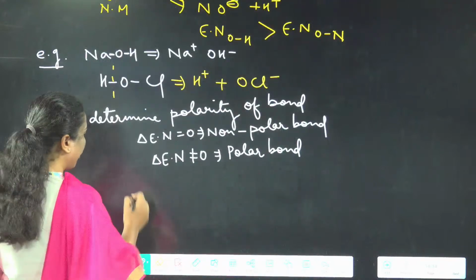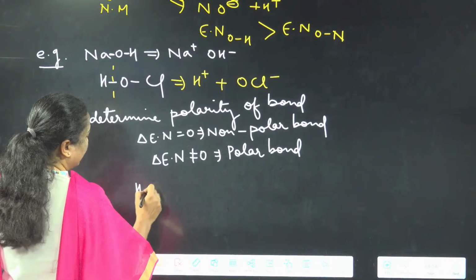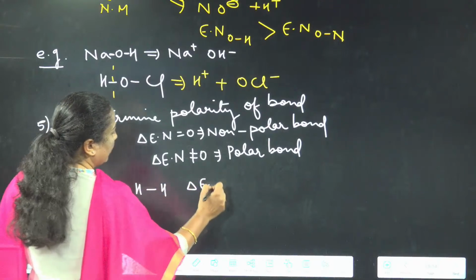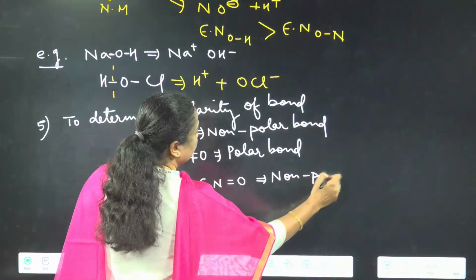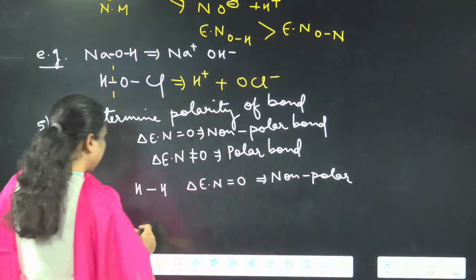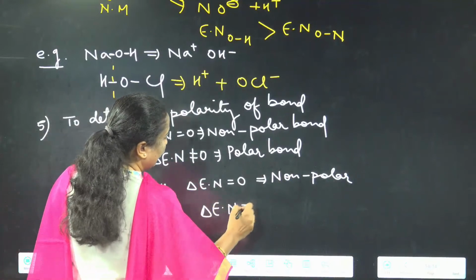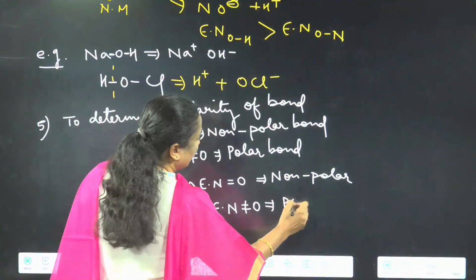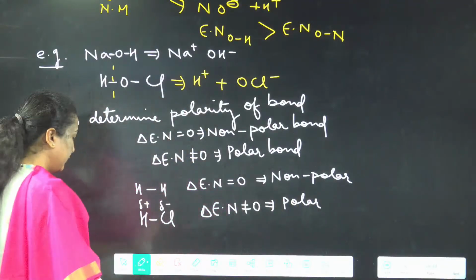For example, for H2, delta EN is 0, so it is non-polar. For HCl, delta EN is not 0, so this is a polar bond, with delta minus and delta plus.